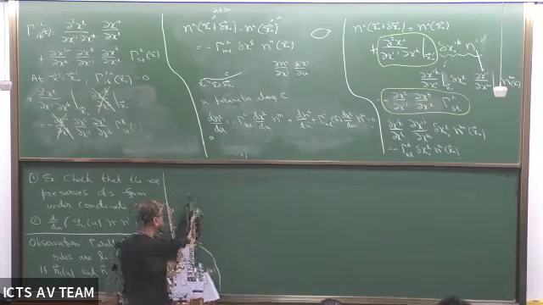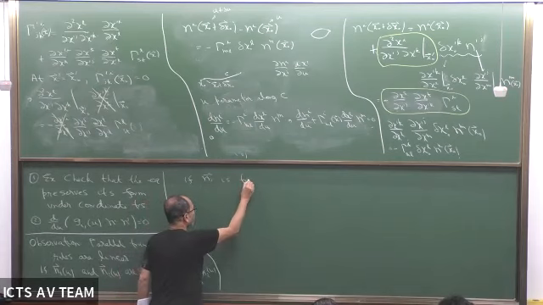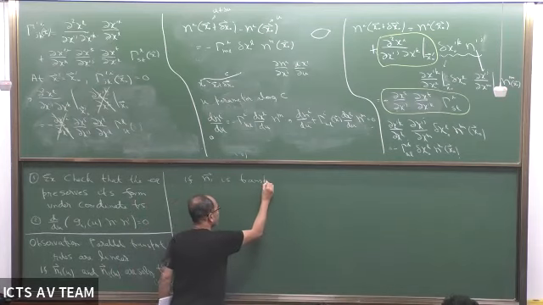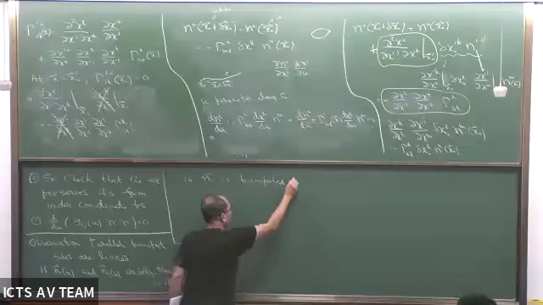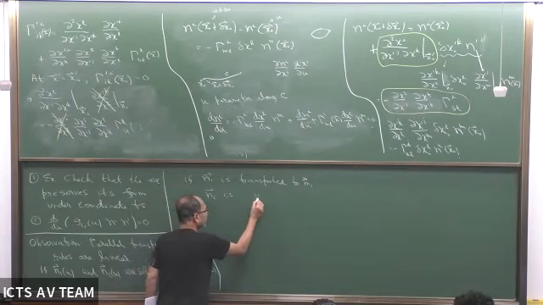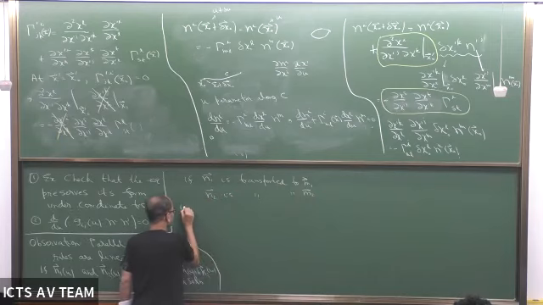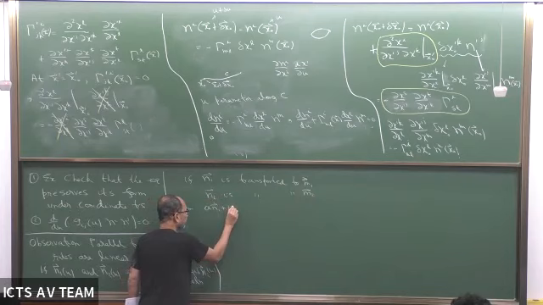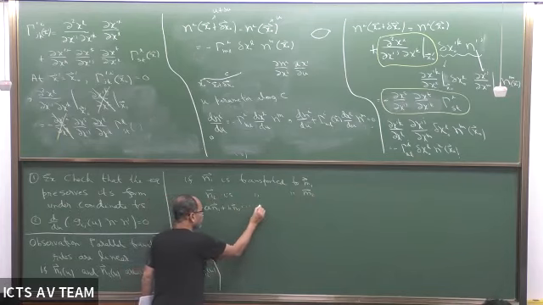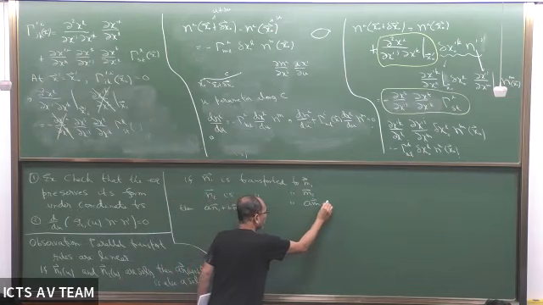So if N1 is transported to M1 and N2 is transported to M2, then A N1 plus B N2 is transported to A M1 plus B M2.